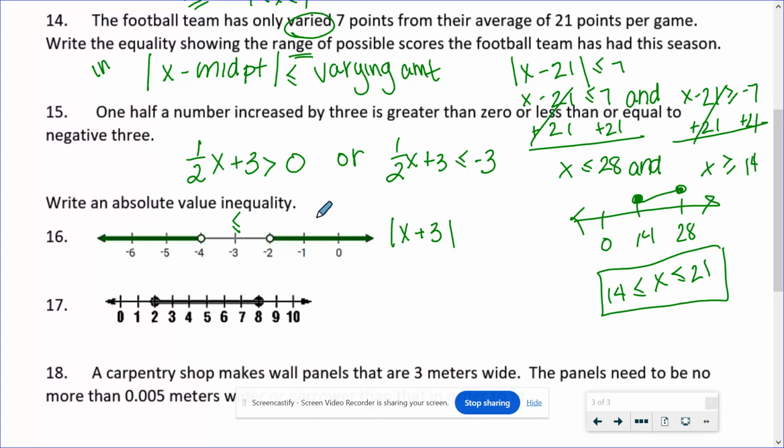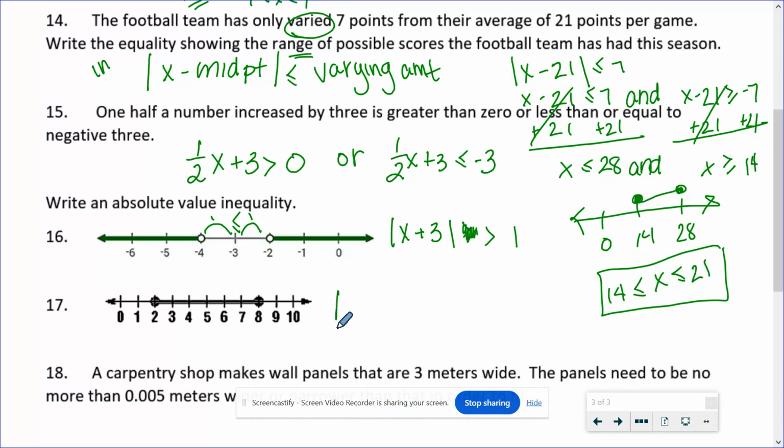So instead of using less than or equal to, I'm going to have to change that to the exact opposite, which is greater than. The reason that it couldn't be greater than or equal to is because they're not filled in. And then on either side of this, I'm going to put 1 because that's how many units there are from the midpoint on either side. So there's my absolute value inequality.